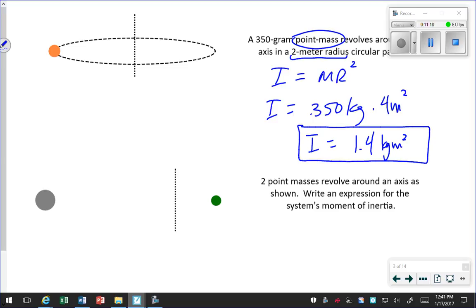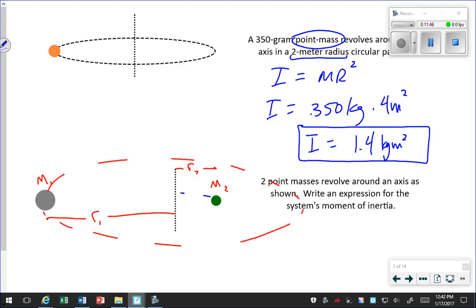Why not? Now, 2 point masses revolve around an axis as shown. Let's give these some generic m1, m2, and say this is r1, and this is r2. So m1 moves in a big circle like this, and m2 moves in a smaller circle like this, and maybe they're connected. It would probably be best if they were connected by a massless rod.